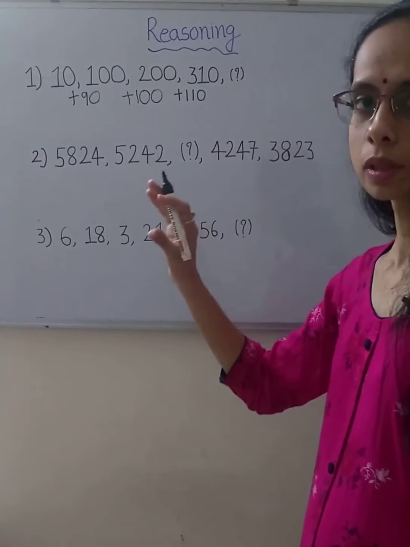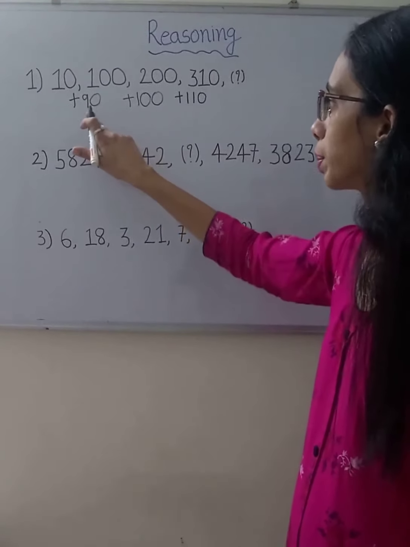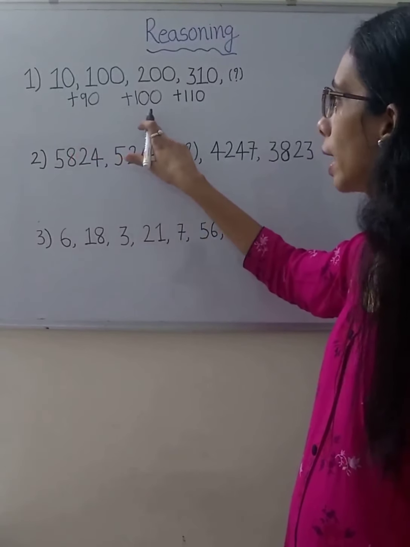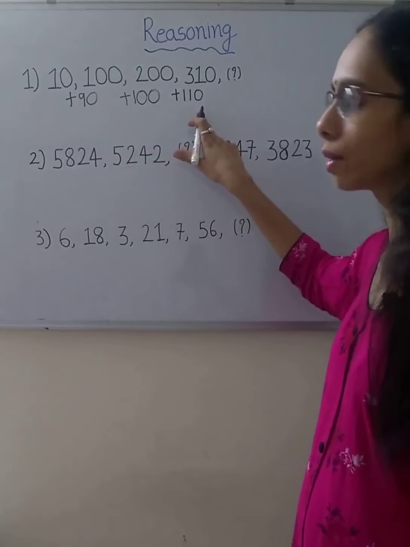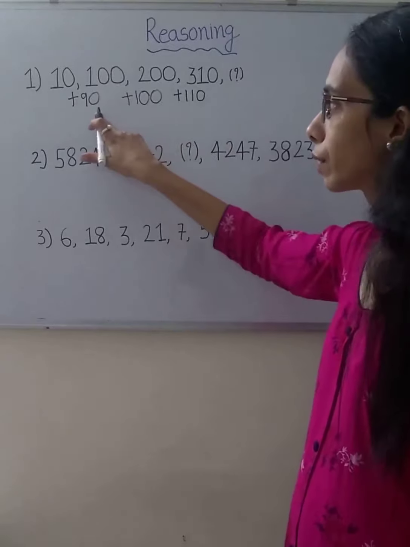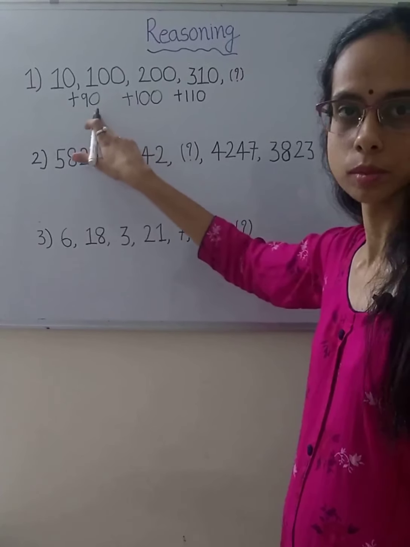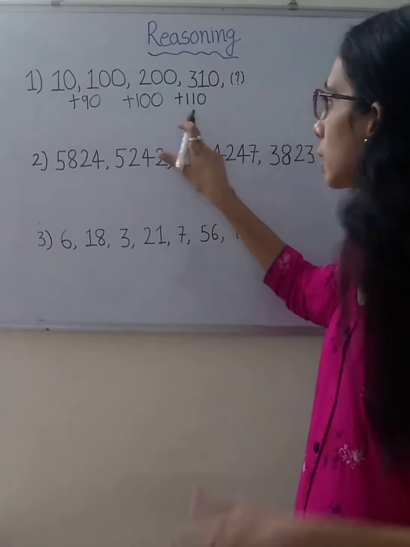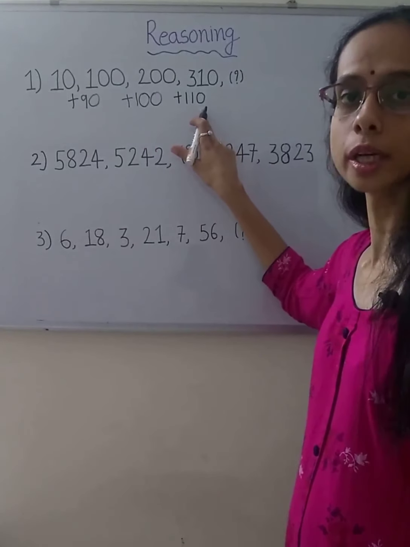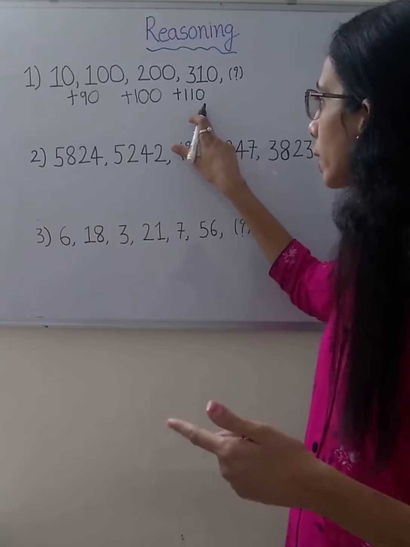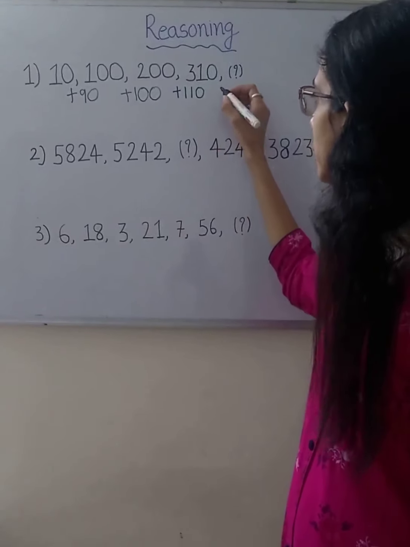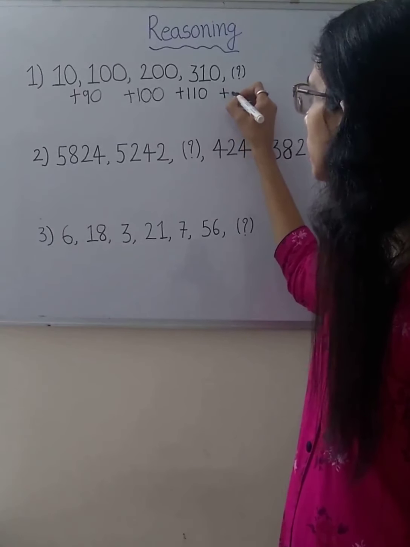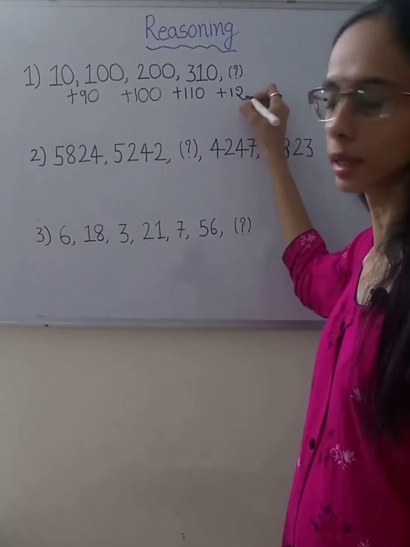So if you see with concentration, first plus 90, then we add 100, then we add 110. So the difference between two consecutive terms in this series is 10. That means now in 110, you need to add 10. So what we get? 120.